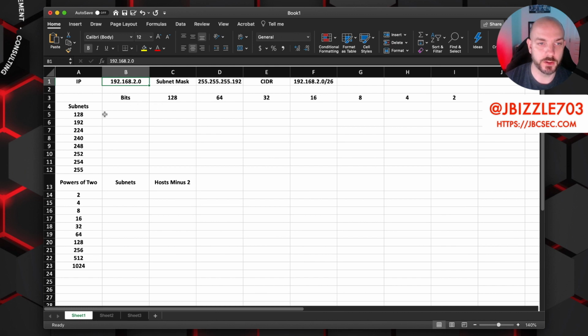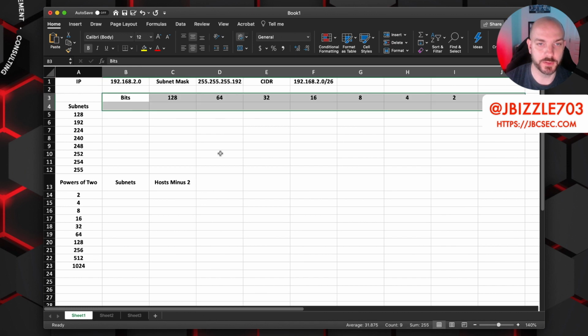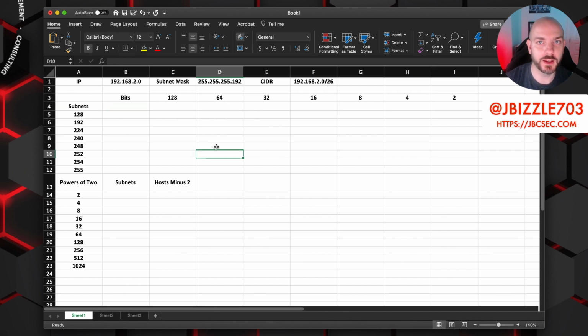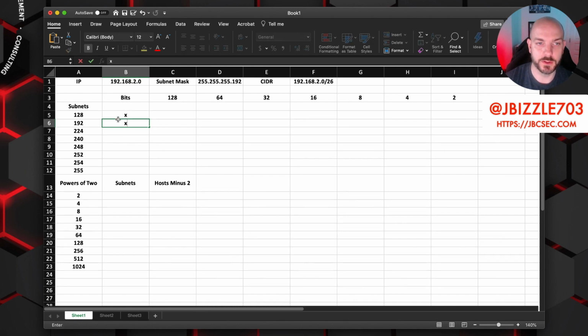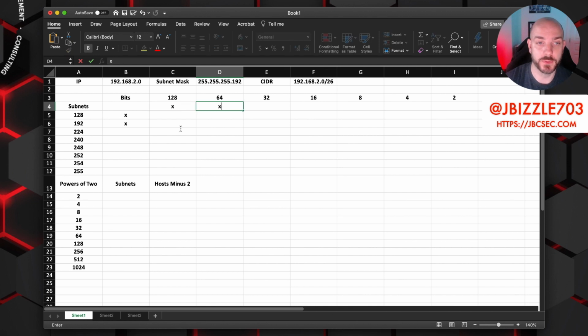So we're going to go to this first section here within the spreadsheet. Just follow me with this, and I'll explain as we go through it. We have a 192, so we are going to mark this down to 192. Since we marked this as 2 here, we're going to do the same thing starting from 128. So we're going to mark here and mark here.